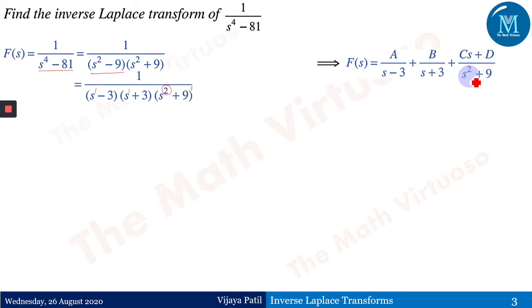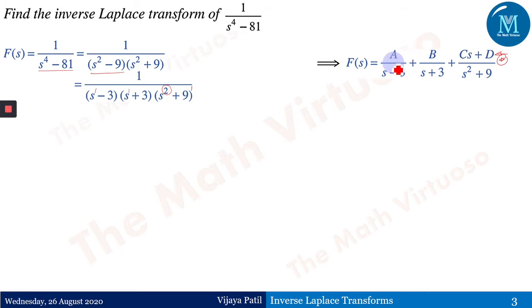But if you observe s square plus 9, which is a quadratic, the highest degree of s is 2, and therefore the numerator will be of degree 2 minus 1, that is linear, and therefore this is Cs plus D. This is a very important step to note down whenever there are quadratic factors. So if we have s square plus 9 as a quadratic factor, in the numerator we will have Cs plus D.